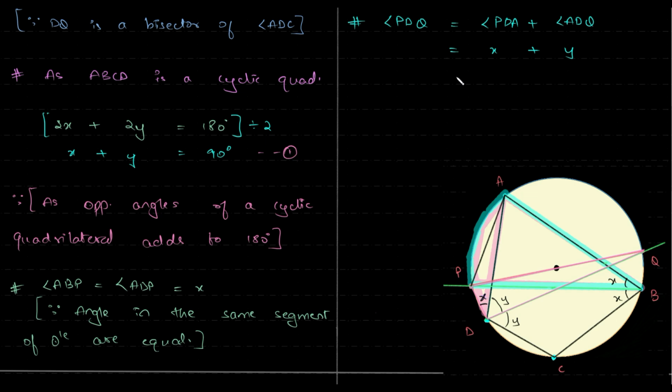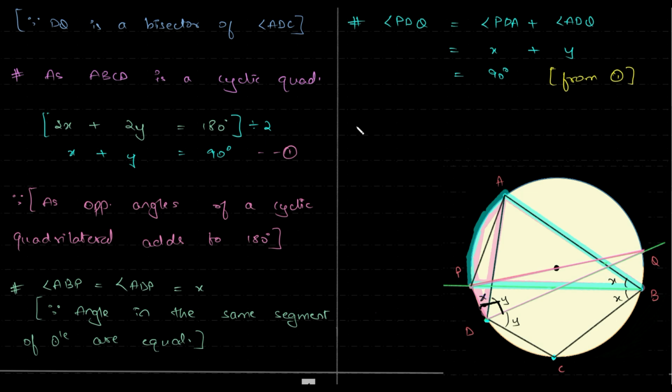So from 1, this entire thing is equal to 90 degrees. This is from equation 1. So this is 90 degrees.